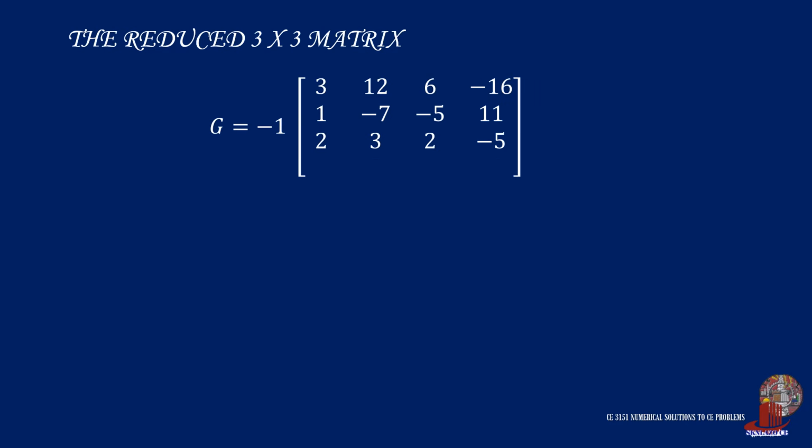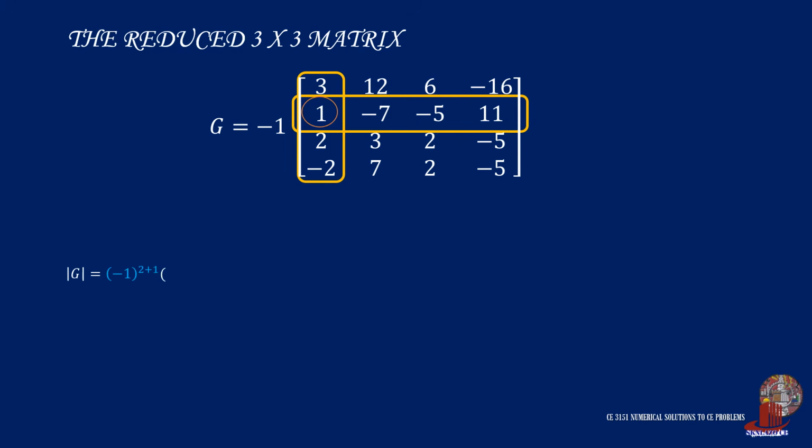We generate the factors by highlighting the row and column of pivot element A2,1. The remaining elements are then outlined where there is an additional prefix of a -1 raised to the indices of the row and column, 2 plus 1.